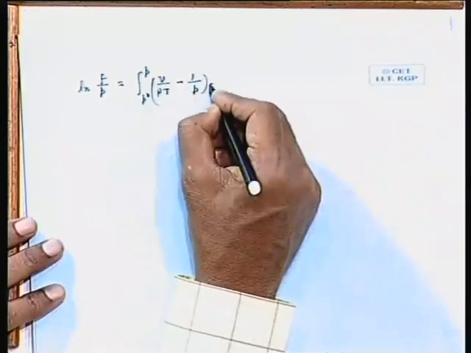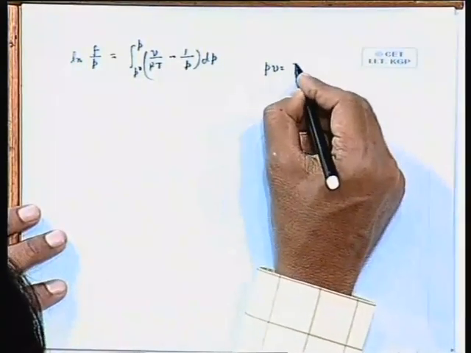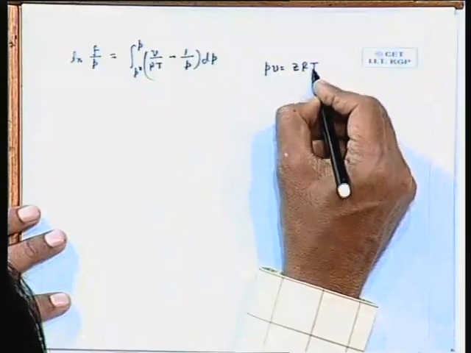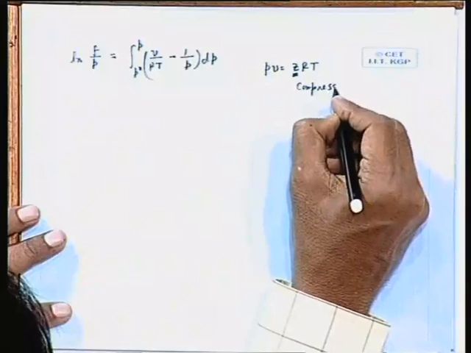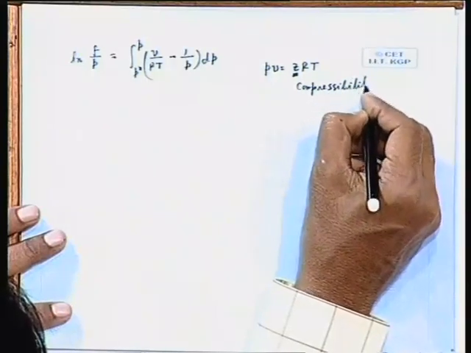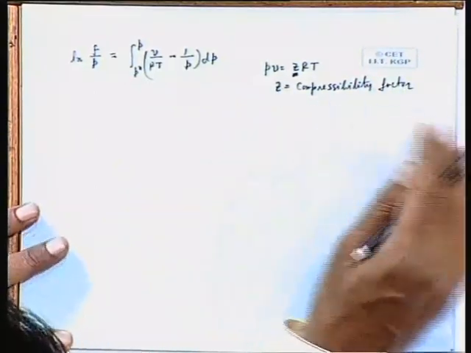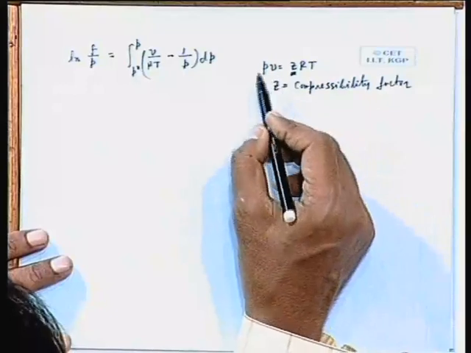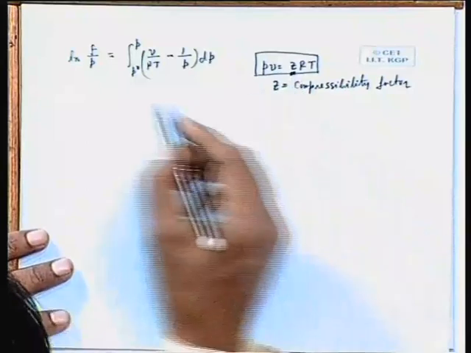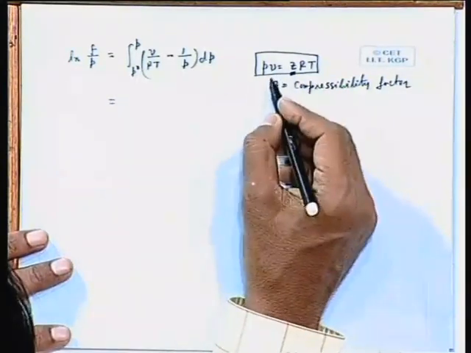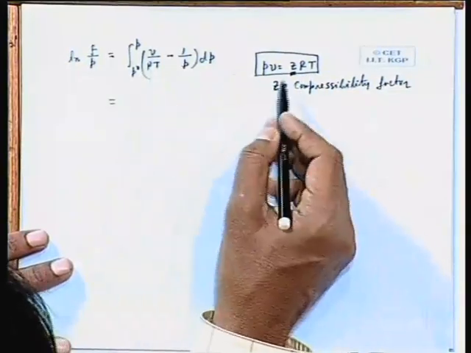Now we know that for a real gas, we can define the equation of state in terms of a compressibility factor Z, which takes care of the non-ideality of the gases. That means for an ideal gas, Z is equal to 1. So if you define PV = ZRT as the equation of state for any real gas, then V/RT is Z/P.